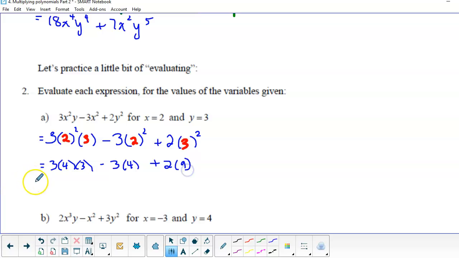Now we can do the multiplying. So 3 times 4 times 3 is 36. Minus 3 times 4 is 12. Plus 2 times 9 is 18. Okay, so 36 minus 12 is 24. Plus 18 is 42.